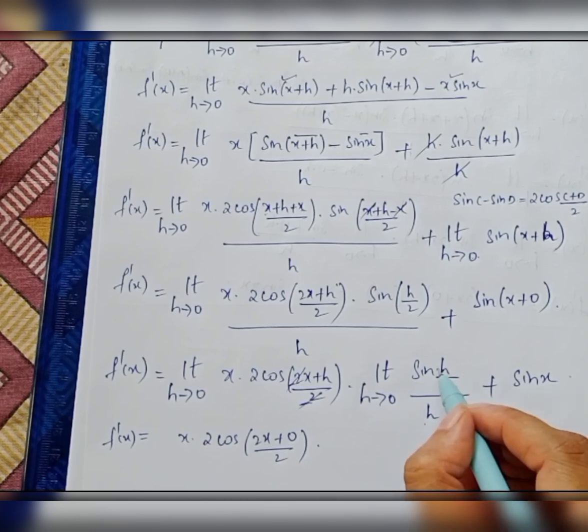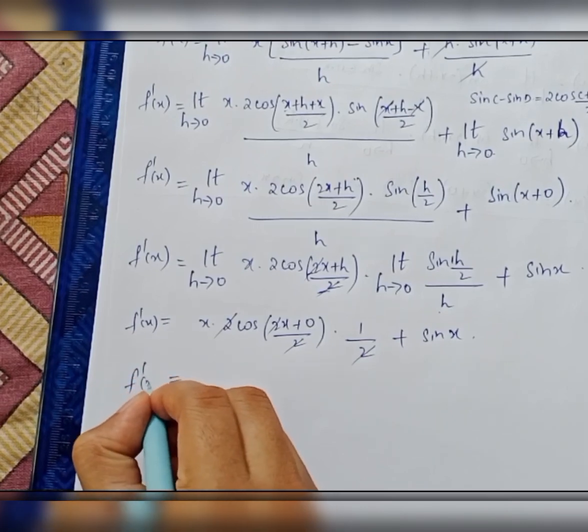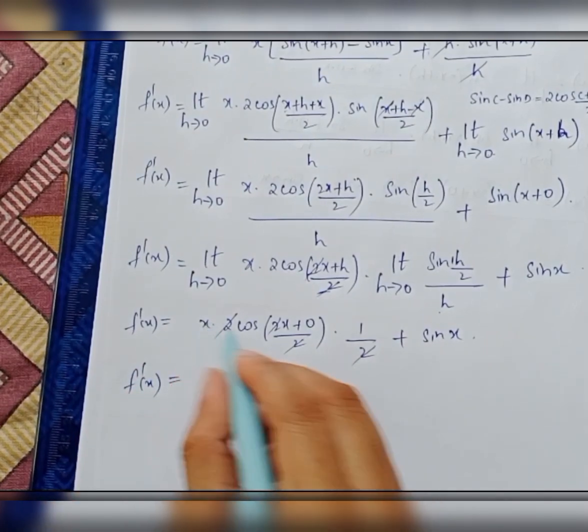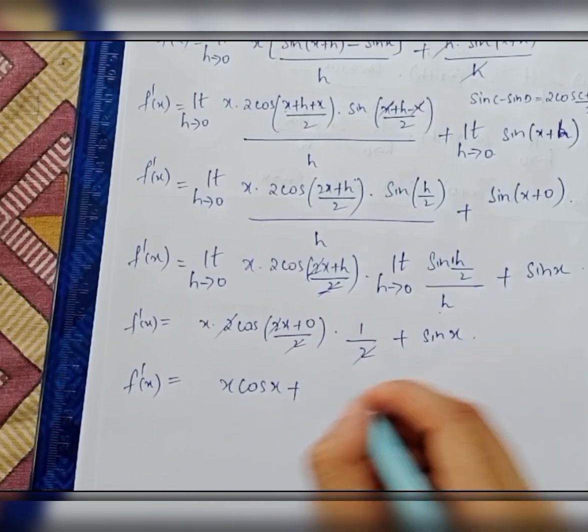Here the coefficient of h above is 1, so it is 1 by 2 plus sin x. Okay, now you can cancel this 2 and this 2, this 2 and this 2 also get cancelled. So f dash of x is equal to x cos x plus sin x.